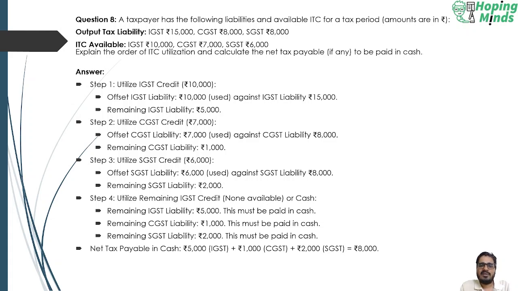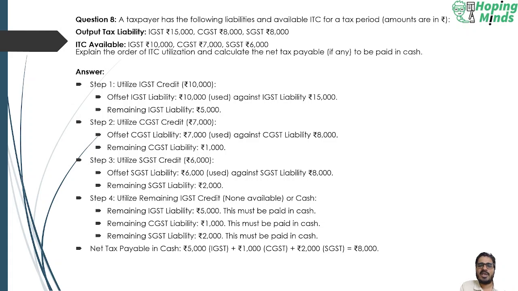After utilizing the 10,000 ITC under the IGST head, no ITC will be available under the IGST head. Next, utilize the CGST credit of rupees 7,000 to pay off the liability of CGST amounting to rupees 8,000.